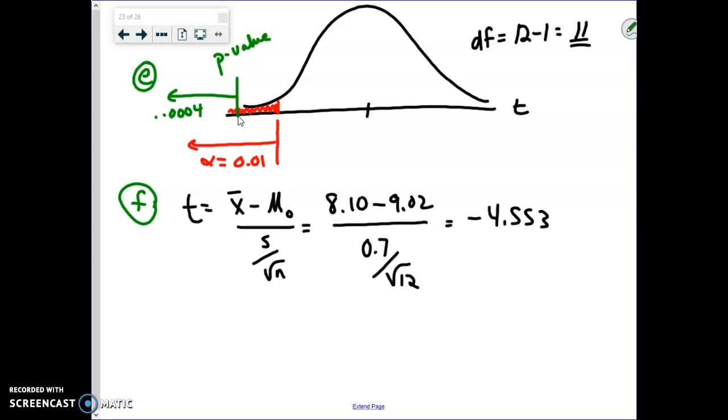In other words, that's actually 4/10,000ths. This number right here is actually 4/10,000ths, meaning if we took 10,000 samples of the same size from the population, then only 4 of them would be more extreme than we are. That's definitely less than our alpha of 0.01.